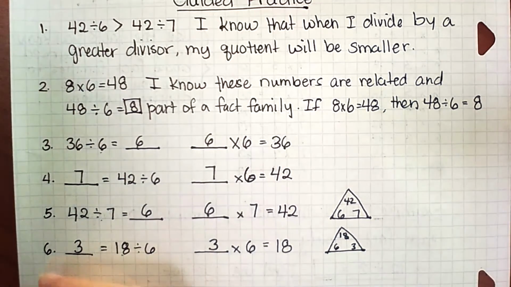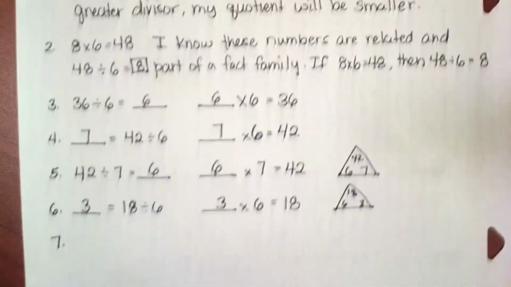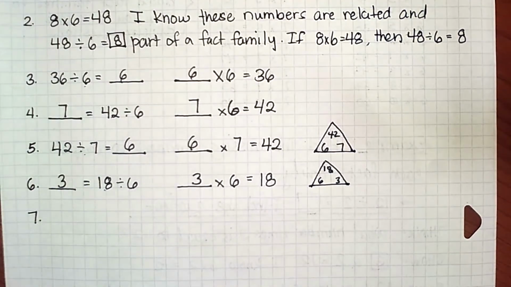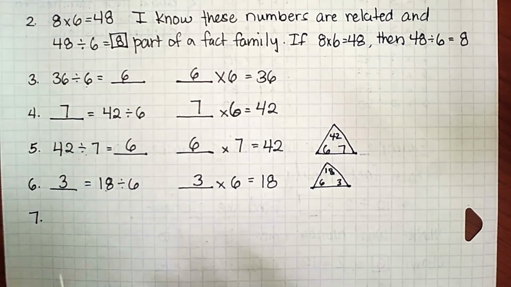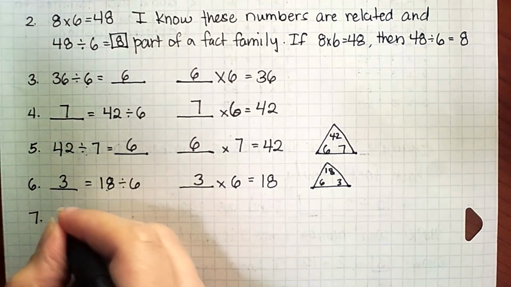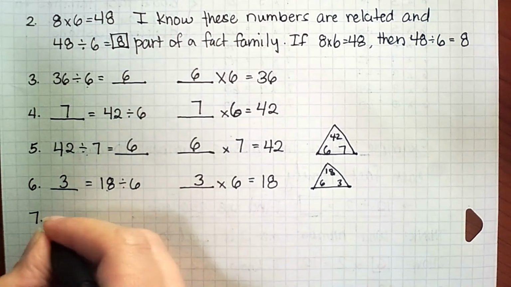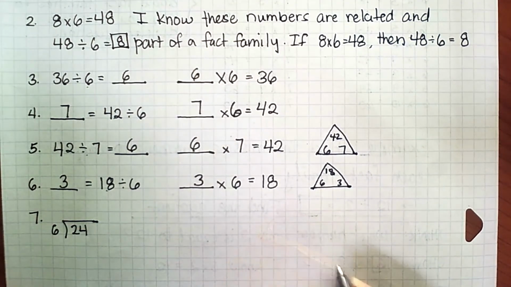Number 7. Now for number 7 and number 8, they wrote their division the other way with the division bridge. So I'm going to make my division bridge over here, and I have 24 divided by 6.